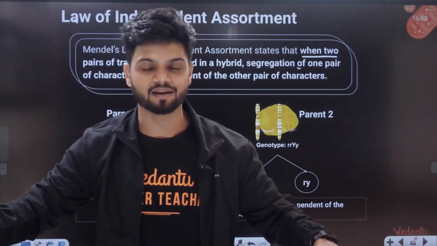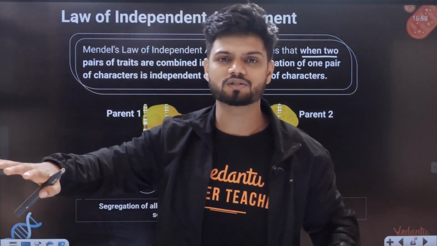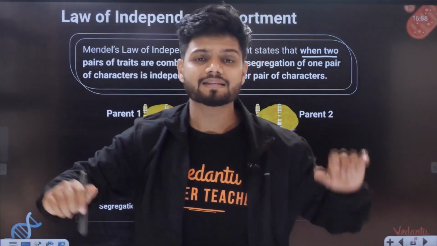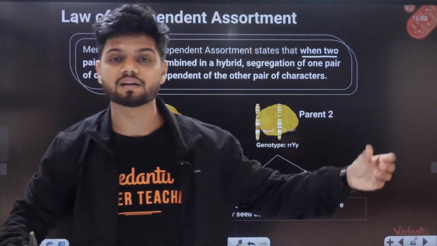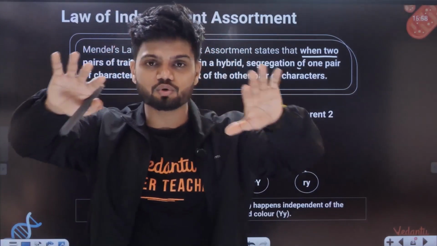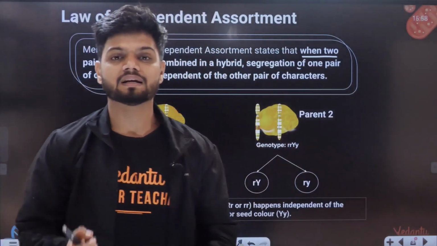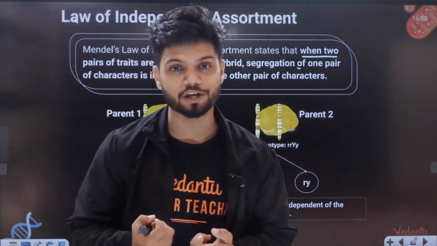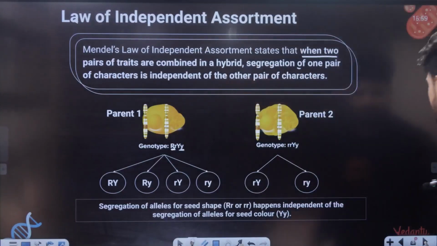There is no blending. Segregation of seed color, yellow and green. Segregation of seed shape, wrinkled and round. Segregation of these two characters will happen independently. That is called the law of independent assortment.